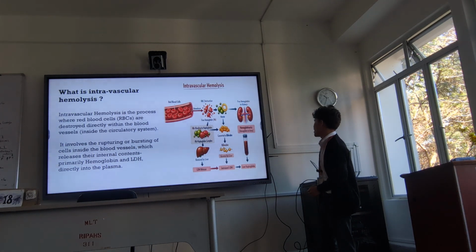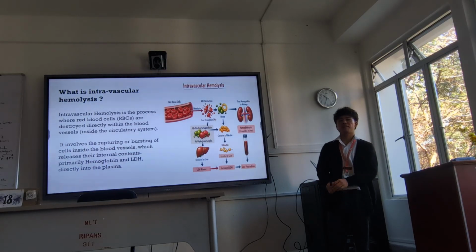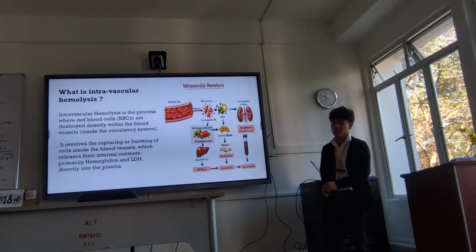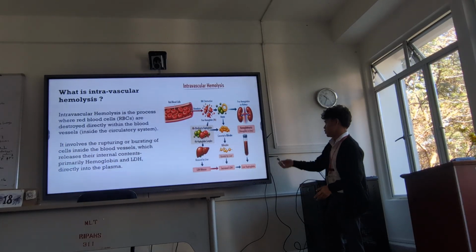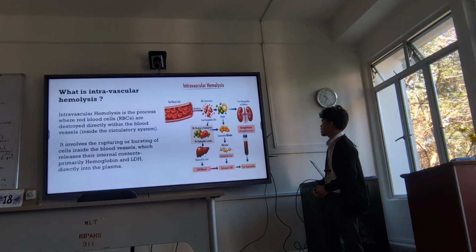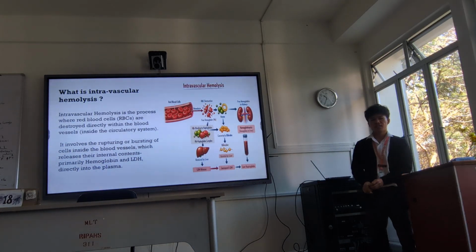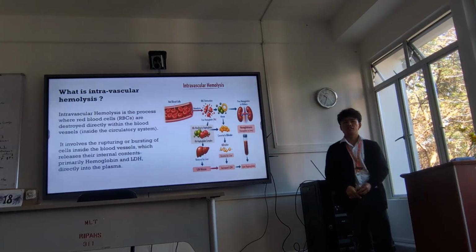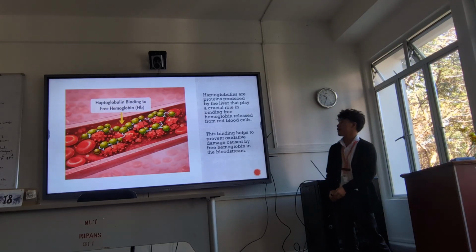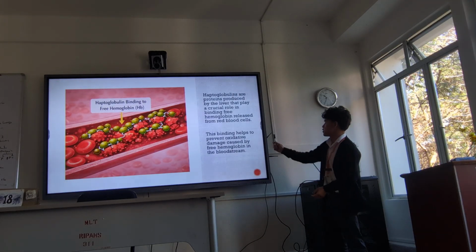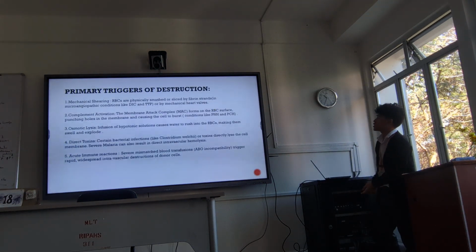I haven't written it here, but haptoglobin is a protein that can bind free HB from the blood vessels, so that concentration will also change, and bilirubin will increase. LDH will also increase, as LDH is also present in the blood cells. And haptoglobin binds the free HB and helps to limit the damage.